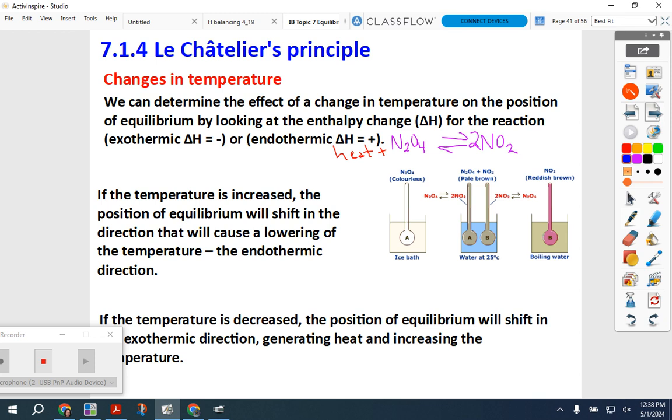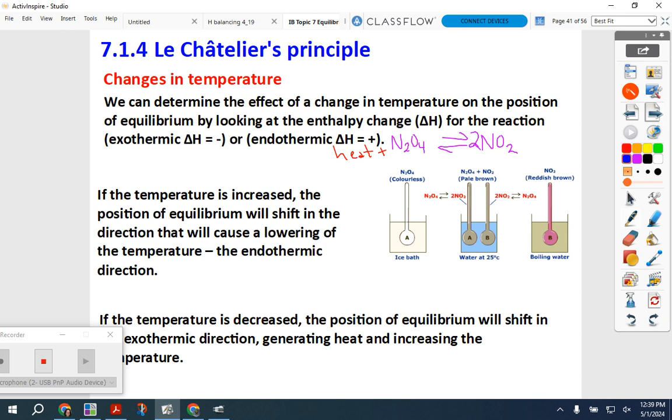If we have an exothermic reaction, we can write heat as a product because the heat is being generated by that reaction. Okay? Once we do that, now we can think about changes in temperature as adding or removing heat. And then heat becomes just like another reactant or a product, and we can think of it the same way that we think about concentration.